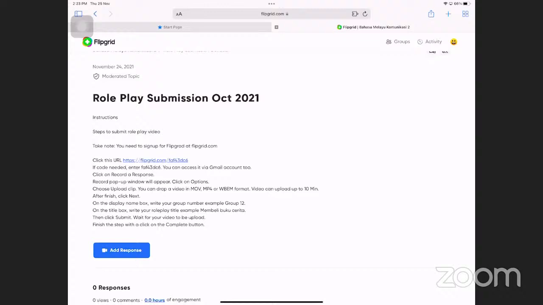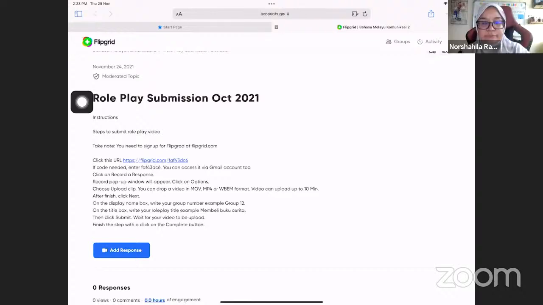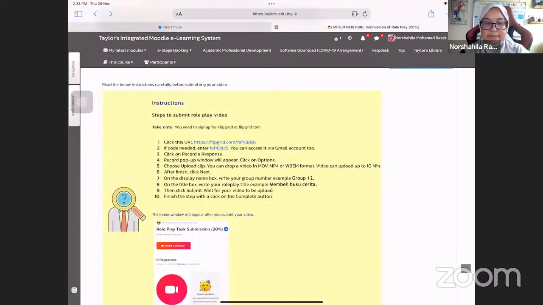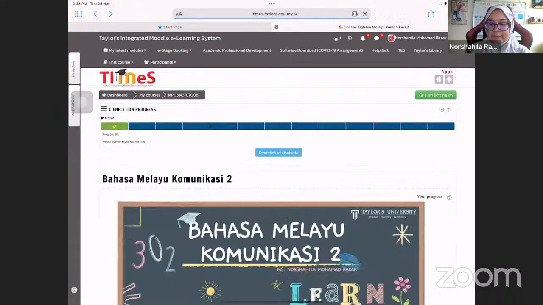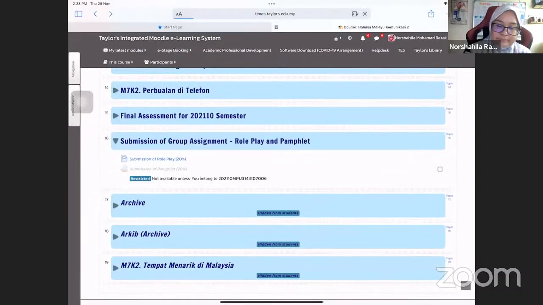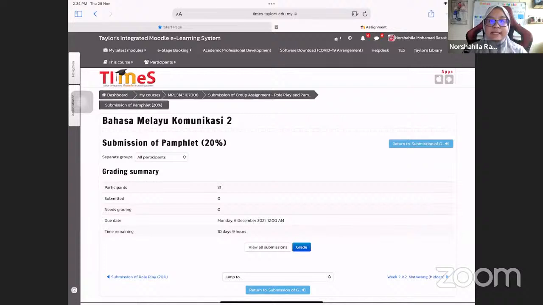So for the pamphlet, you're going to use the normal submission in TIMES, which is this one. This is the normal submission for your assignment. This part is only applicable for your group, which is October.